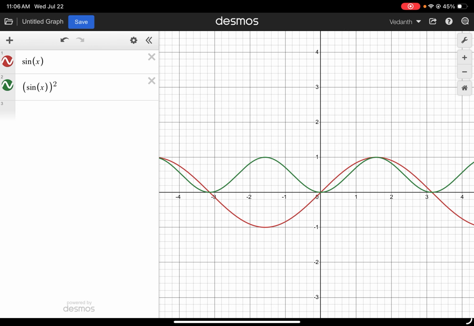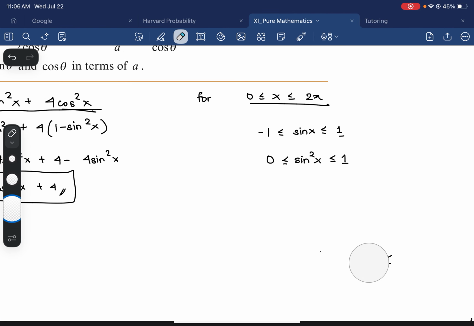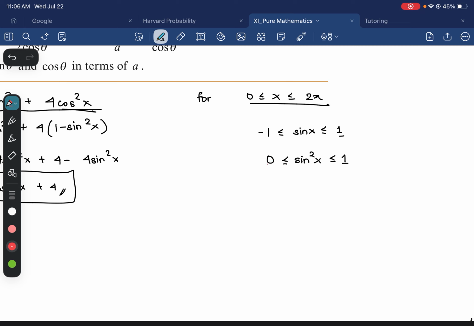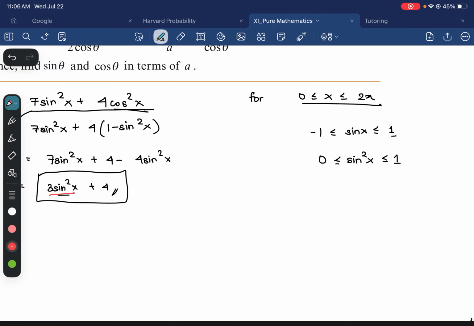All right. So we know that sine squared x goes from the minimum value of 0 to the maximum value of 1. And now we just need to match this expression that we have here. So for 3 sine squared x, we just need to multiply this inequality by 3. And because it's positive, we don't need to change the direction.